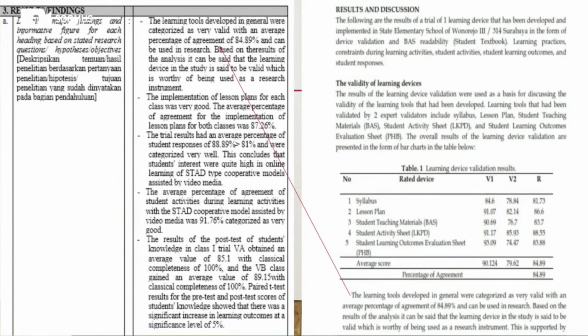Results and findings. In results and findings, describe major findings and informative feature for each heading based on stated research questions or hypotheses or objectives. Here, there are some findings that we find based on the research questions. Okay, let's see.